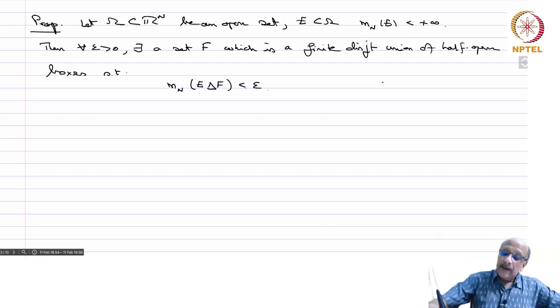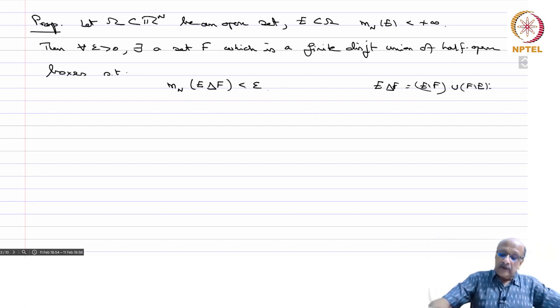They call E delta F is E minus F union F minus E. So given any set of finite measure, you can find a finite disjoint union of boxes such that the symmetric difference between these two is very small.